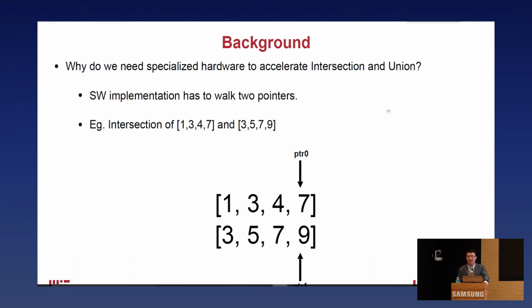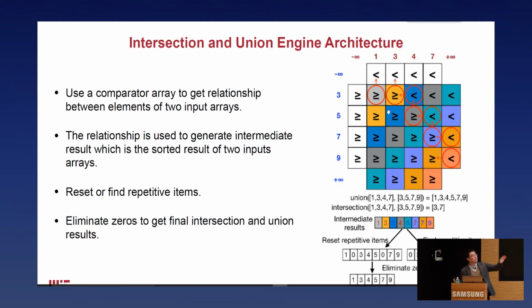So we want to accelerate it by parallelizing the comparison. The basic operation is comparison. So we want to parallelize the comparison in space rather than serializing them in time. Therefore, we propose this array of comparators where we have one array on the left and one array on the top. And every time we are just doing the comparison of the left entry and the top entry to see what is the relationship between them.